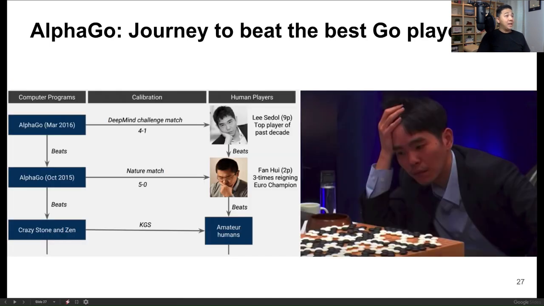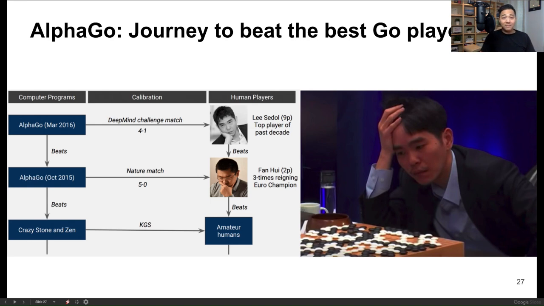Okay, it's been through a journey to beat the best Go players. Starting in 2015, it started beating other world champions, and in March 2016, it beat the top player of the past decade, Lee Sedol, 4-1.